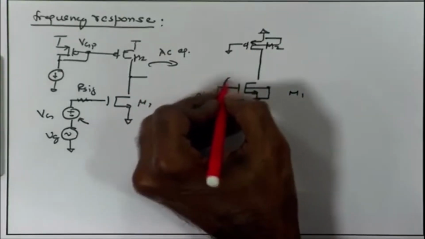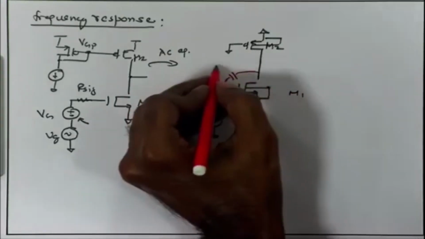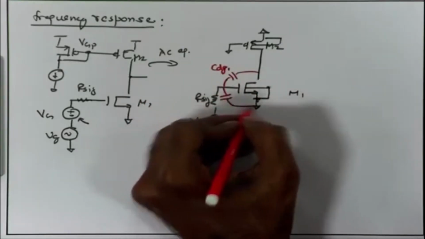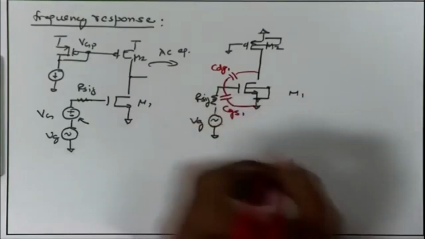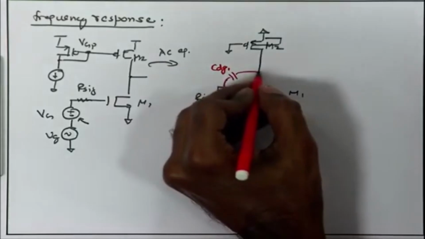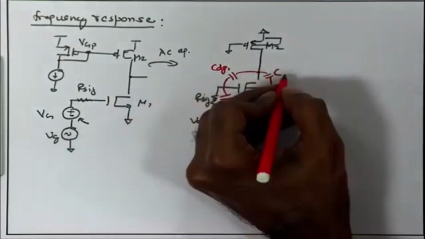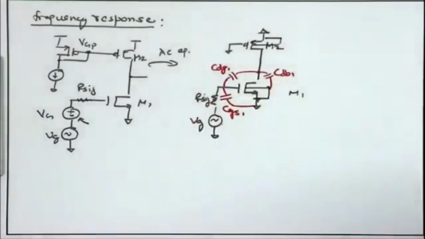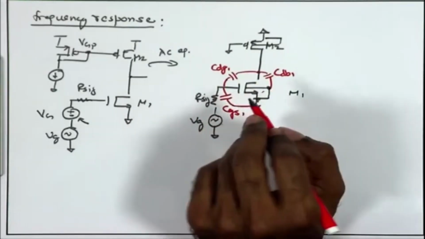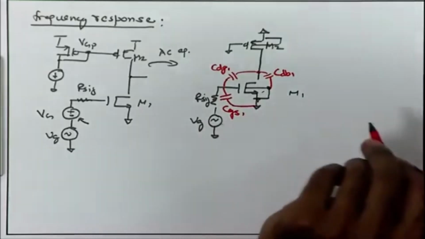What I need to take care of are the others, which is CGD1. Now, CGS1 is appearing between the gate and the source, which is once again AC ground, and finally we have the CDB1 appearing between the drain and body, which is once again AC ground. So, this is also appearing effectively between the drain and the body AC ground.